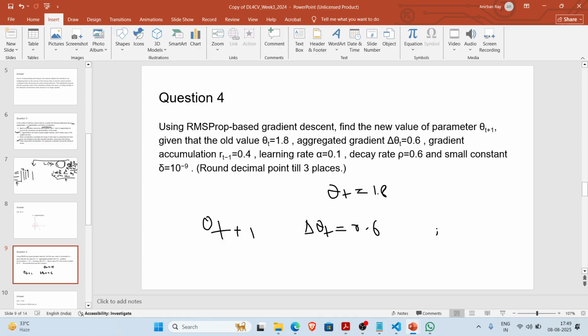Gradient accumulation r t minus 1 equals 0.4. Learning rate is 0.1. Decay rate rho is 0.6. A small constant delta is given.